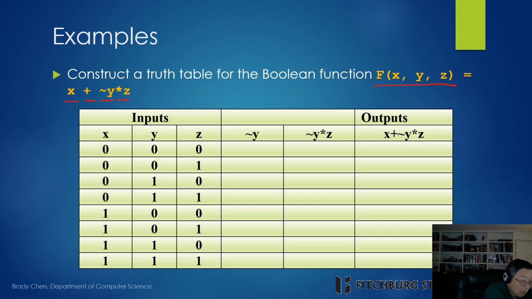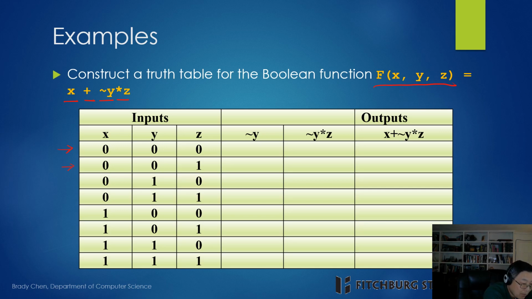The first case, we assume all the values are 0. X is 0, y is 0, and z is 0. And the second one, x is 0, y is 0, and z is 1. And then 0, 1, 0, 0, 1, 1, 1, 0, 0.